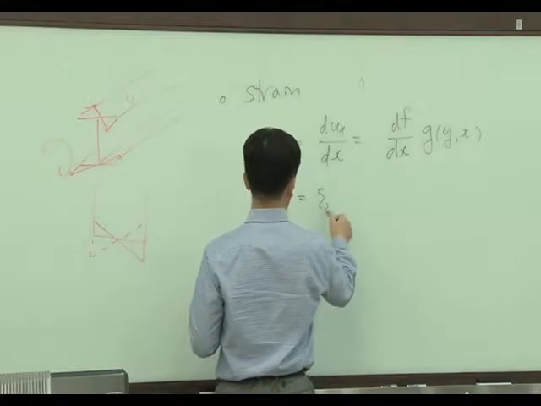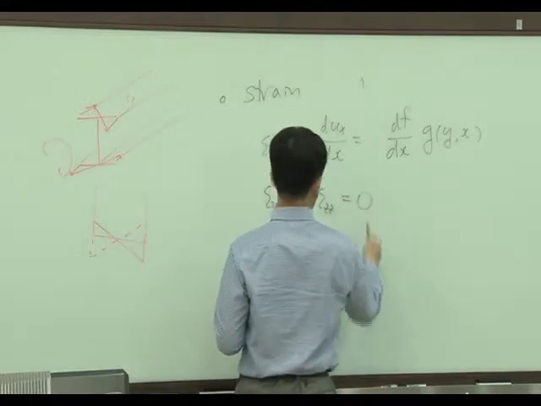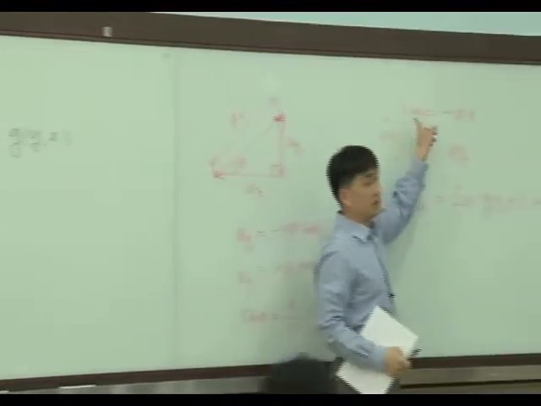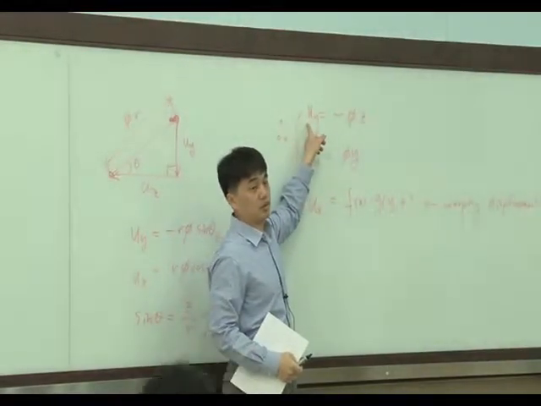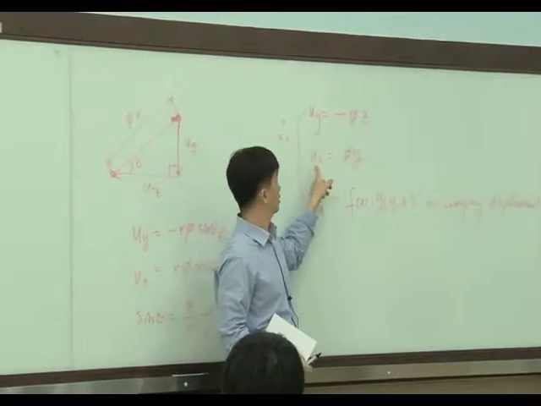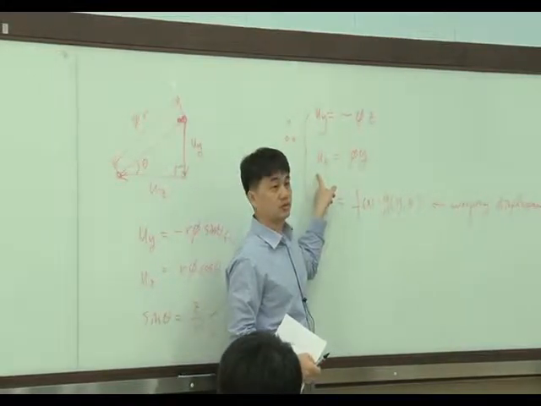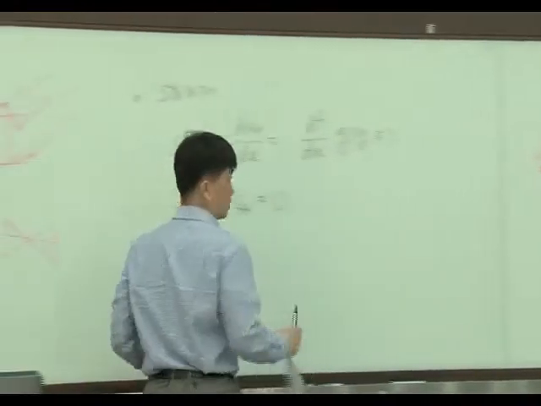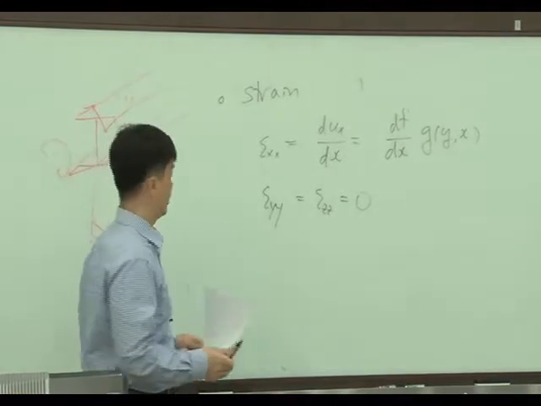And strain zz is 0, right? uy is not a function of y, uz is not a function of z. So the normal strains in the y and z directions are 0, right?